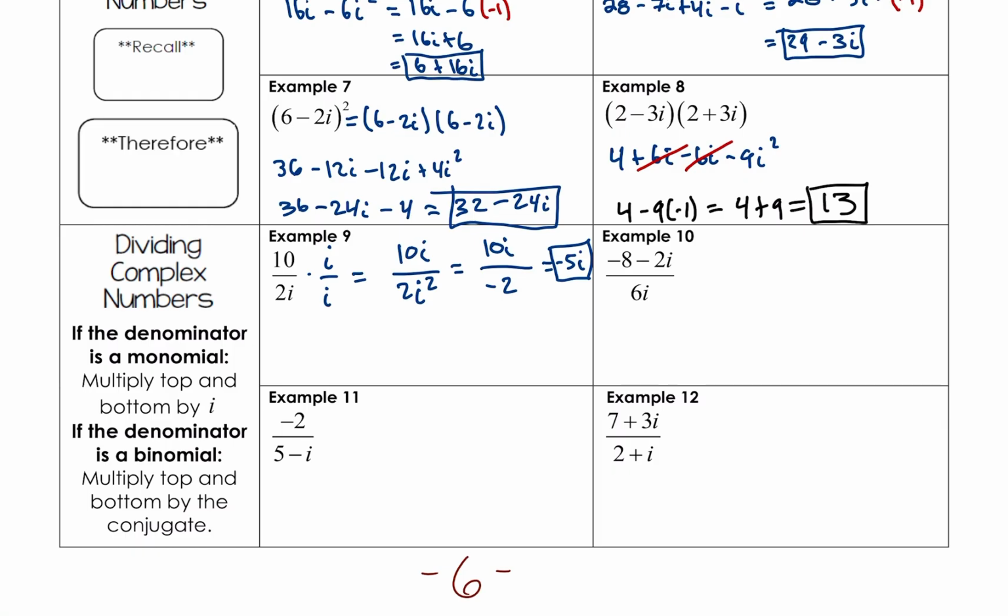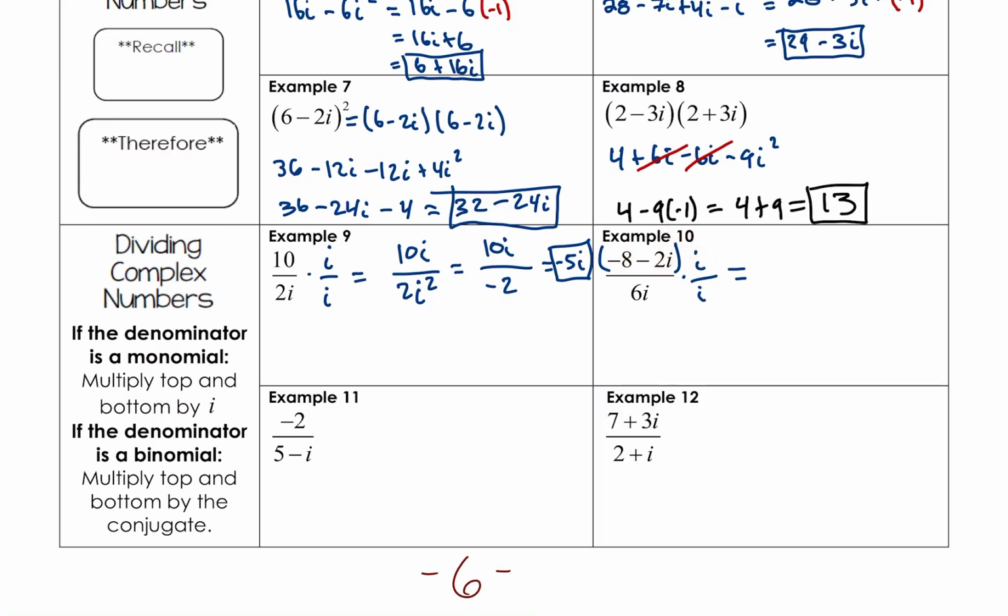Okay? So in example 10, I've got a monomial on the bottom. I've only got one term. So I'm going to multiply top and bottom by i. Okay? Now the important thing to remember here is that this i has to go to both of these terms. It's got to distribute in. Okay?